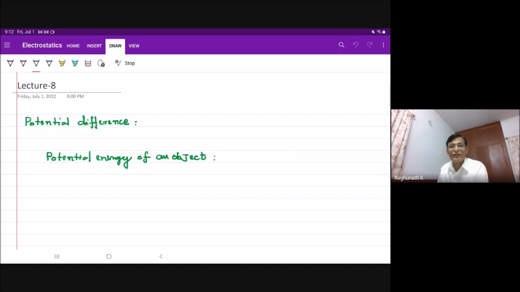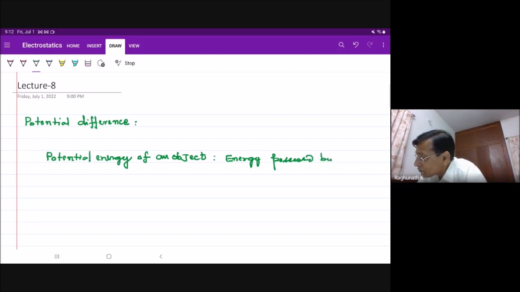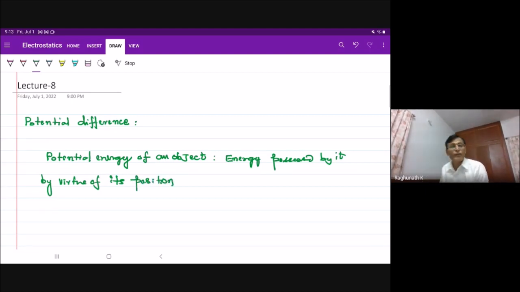Universal definition: position also, other than that, the energy possessed by it by virtue of its position or state. Correct?